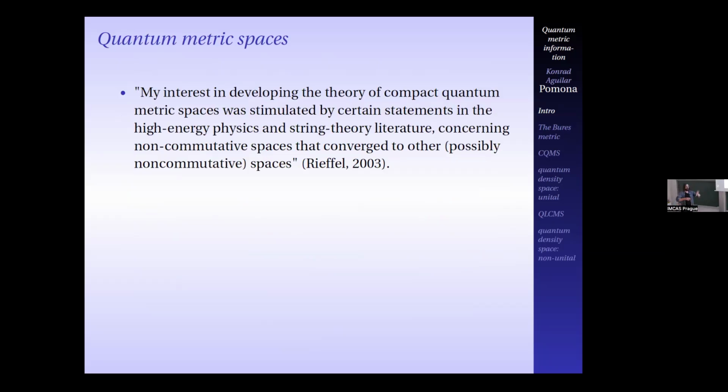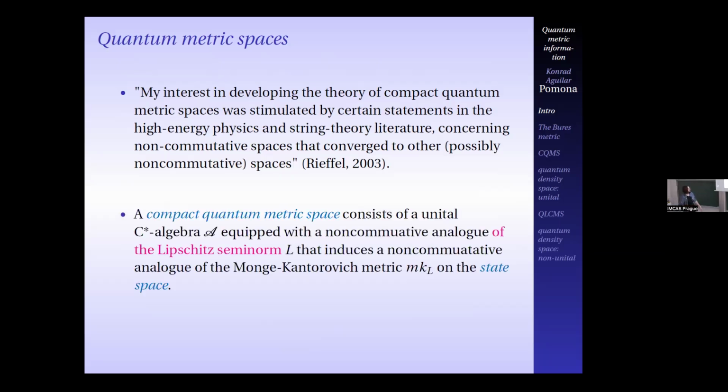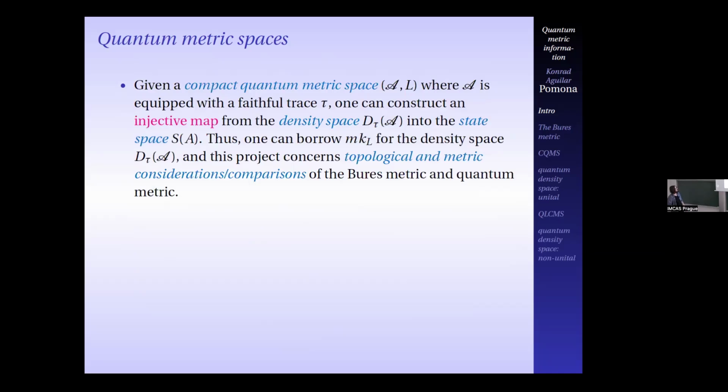Although we're not even going to talk about convergence of spaces in this talk, I like it as a reminder that that was his main interest in developing this theory. Anyway, I mentioned this non-commutative analog to Lipschitz functions, with the Lipschitz seminorm, so I'll fast forward through that.